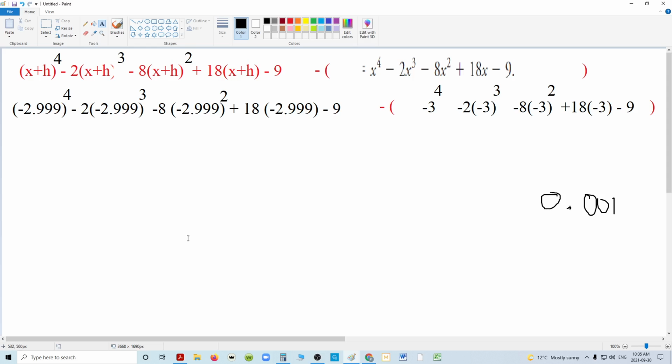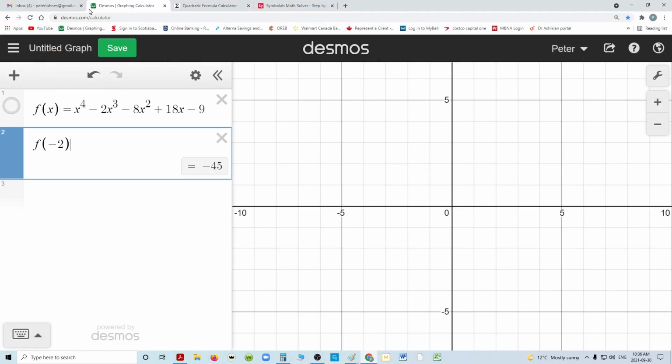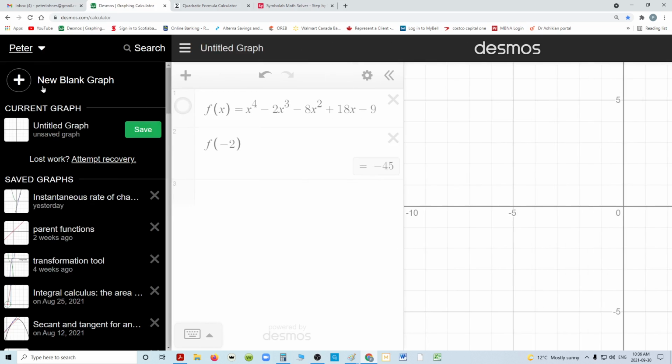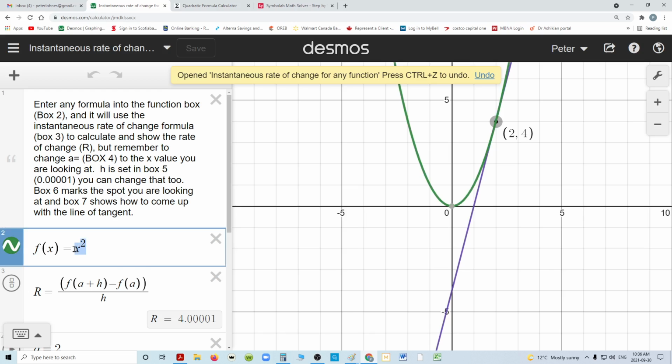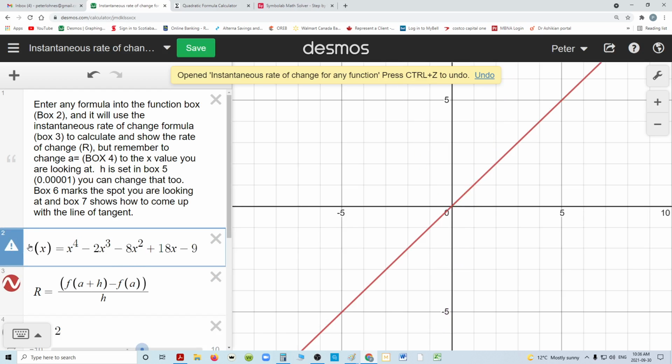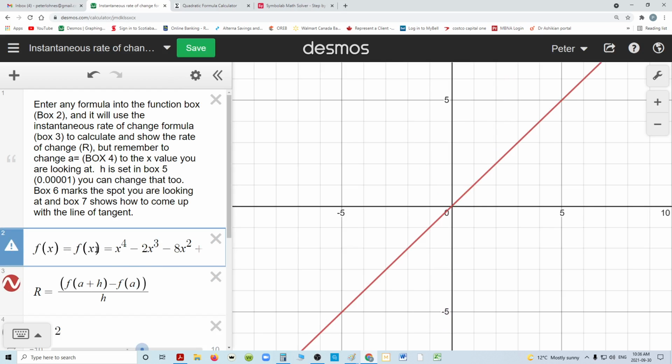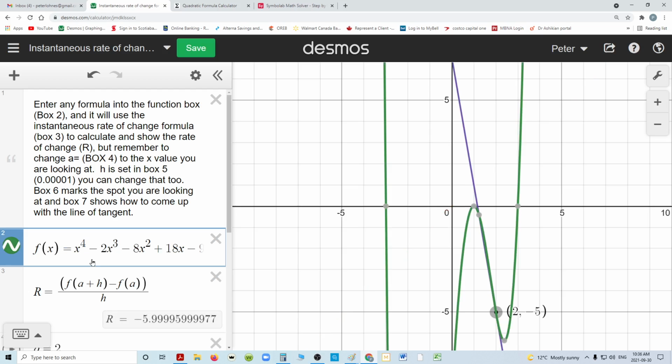Now let me get the numbers in here quickly. There, you can see how many mistakes you can make and why I love using instead, I'll take this, the calculator that I developed and shared with you. Instantaneous rate of change. So I can just put in my formula here. Let's see if I get it right. Yeah, and I got to do it without that. There we go.